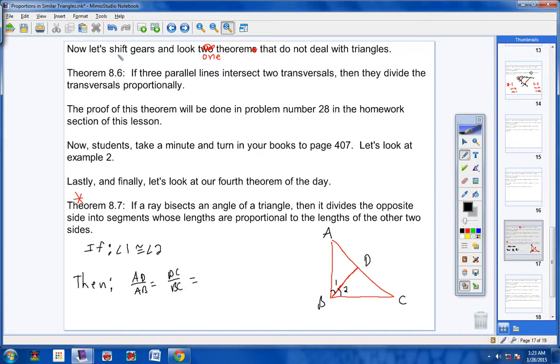That's totally fine. Or you could say this, you could say AD over DC equals AB over BC.